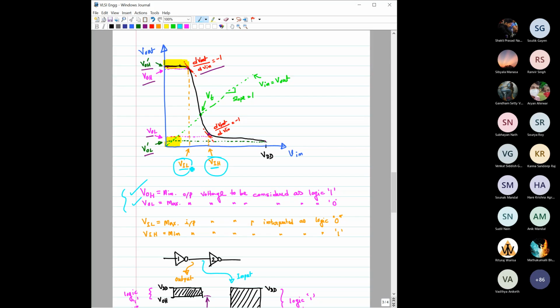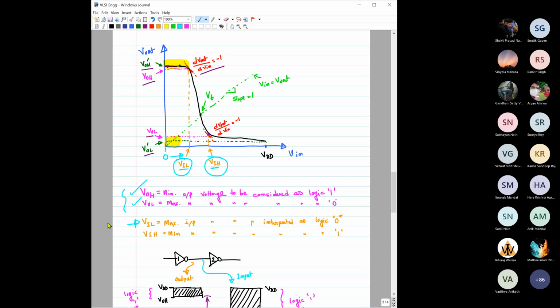Then we can see VIL and VIH. VIL is the maximum input voltage that can be interpreted as logic 0 in the input. So any voltage from 0 on the input side to VIL is considered as logic 0.